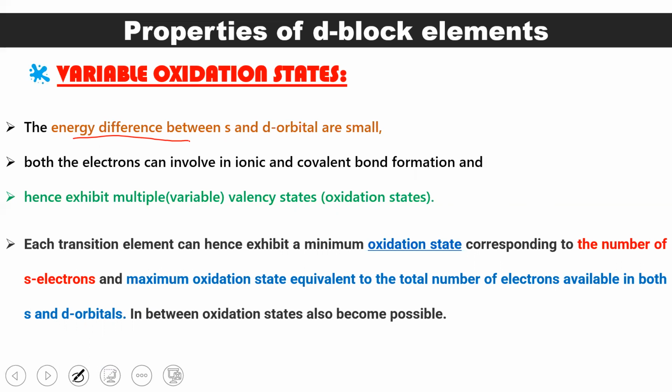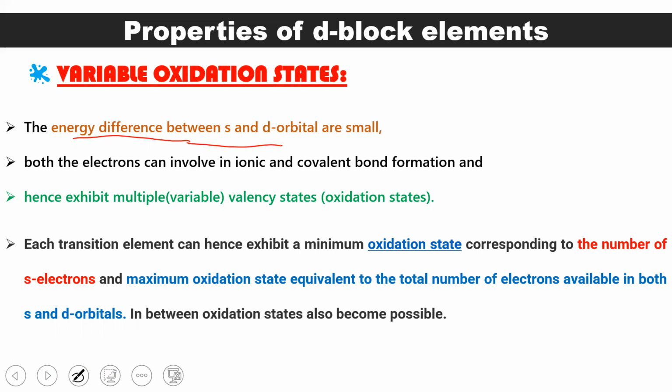So that is why the d block elements show variable valency or variable oxidation states, that means more than one oxidation state.